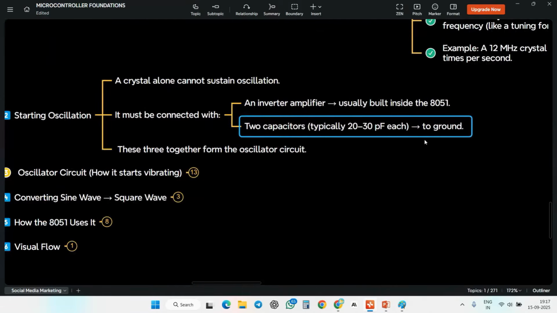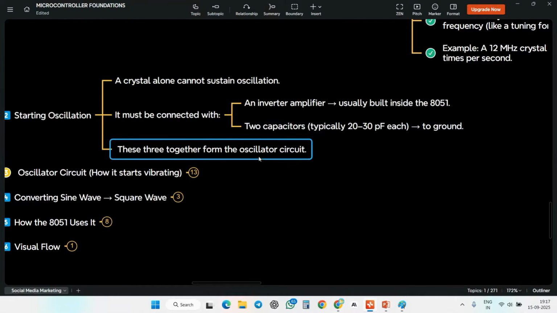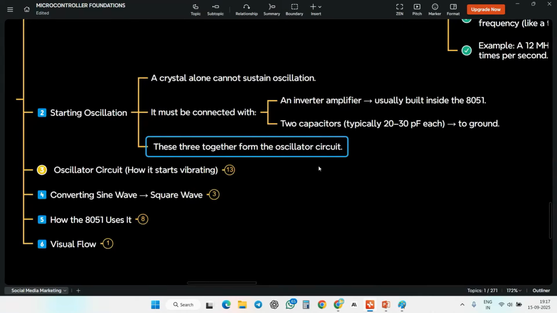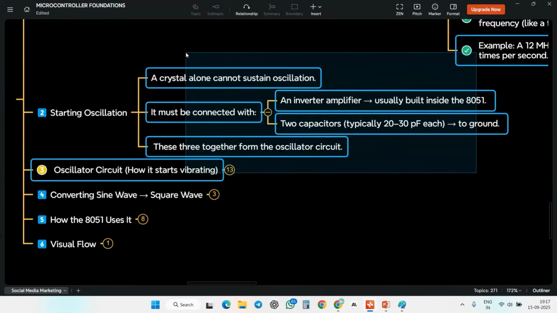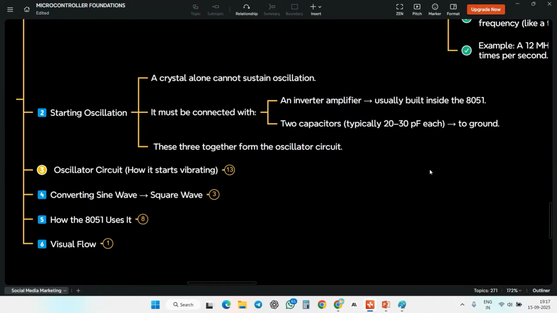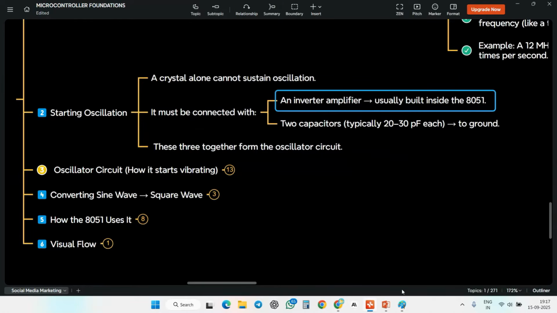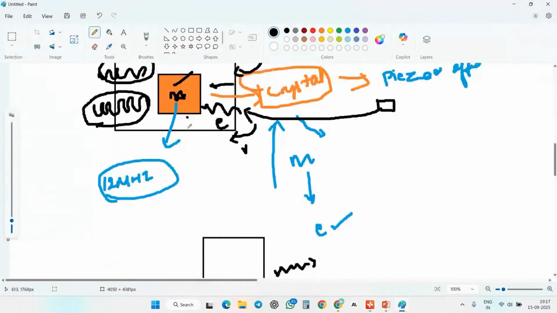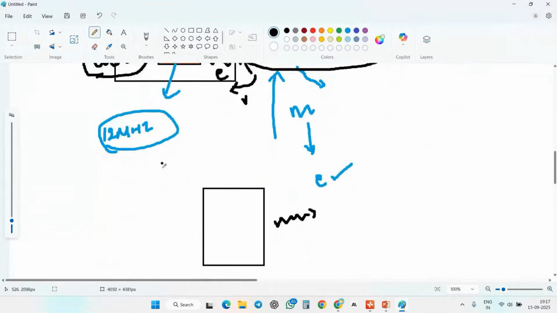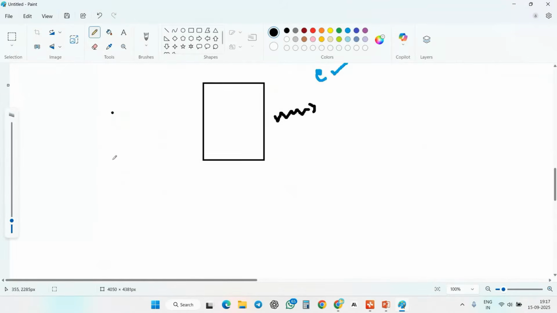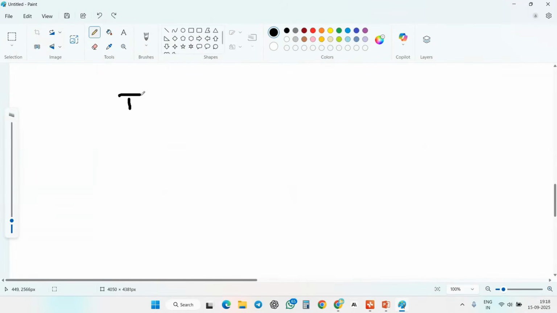What is the purpose of the inverter amplifier and capacitor? Why am I bringing this here, if you ask? You must make this circuit connection. Inside the crystal oscillator, you definitely have one inverting amplifier, and then you have a capacitor.